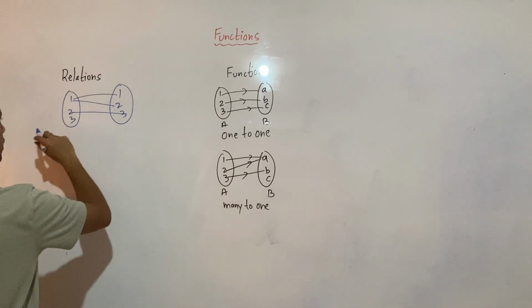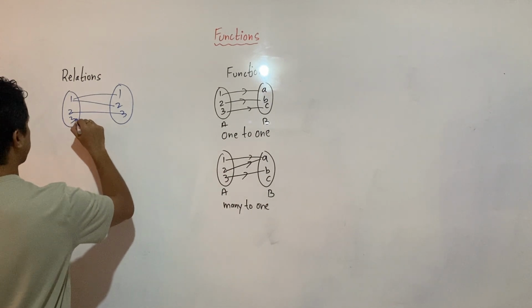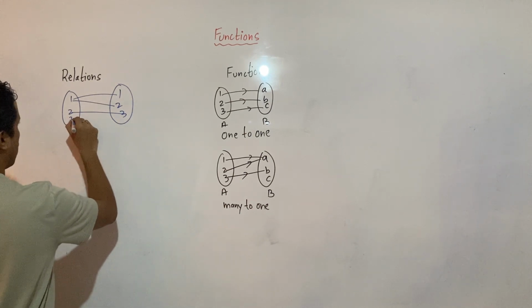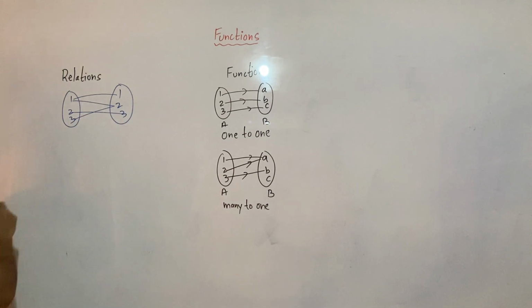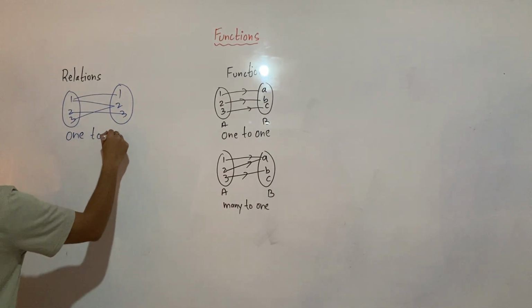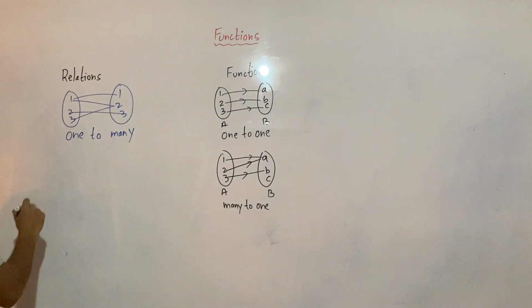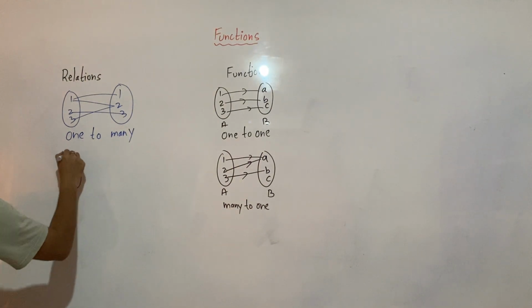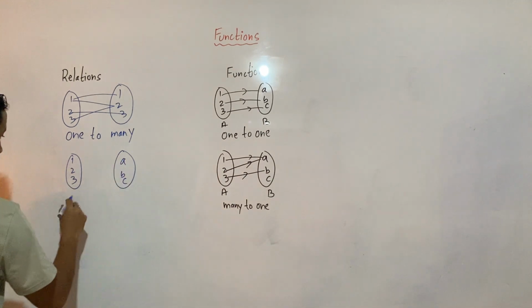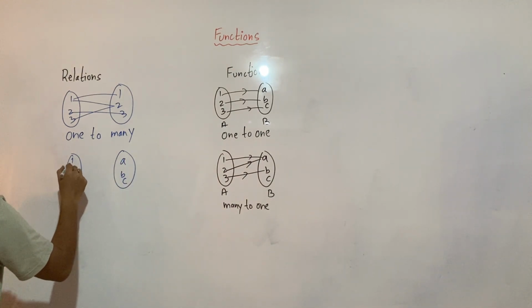So this is your one to many, and then we have many to many. 1, 2, 3 and a, b, c, many to many.